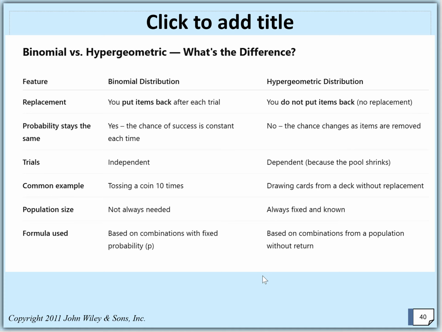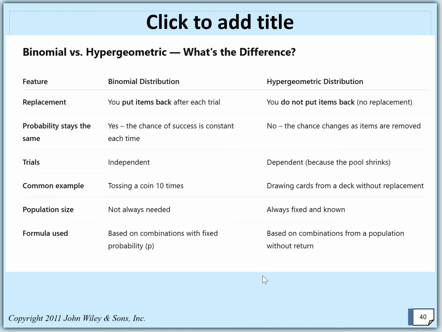Let's say in the first 5 trials you take out all the 5 black marbles. Then the next trial is totally dependent on the previous trials because there are no black marbles left. 100% of the time you will get a white marble in the 6th trial. So the trials are actually dependent on what happened in previous trials because you're not replacing them.